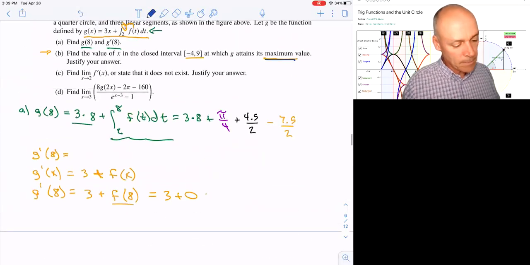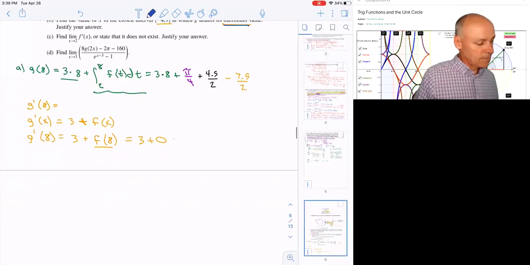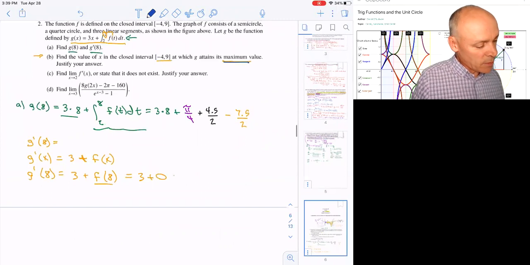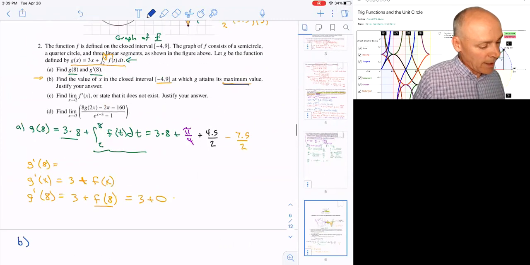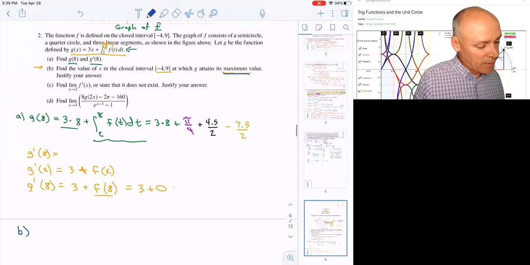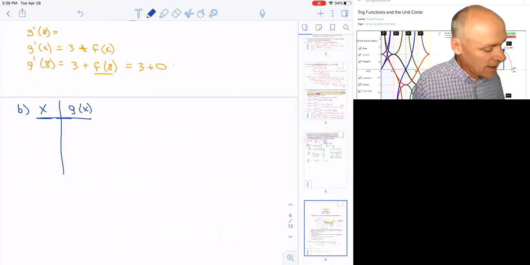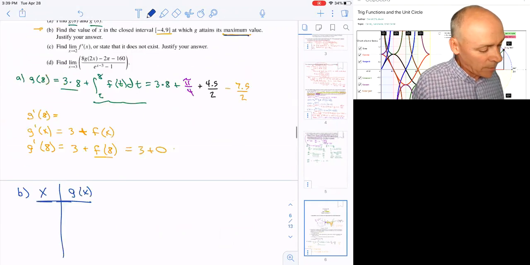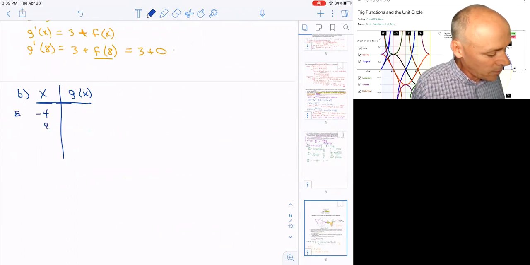So this is part B, and my table, so I'm going to put x on the left column and G on the right column. So x, G at x, and then I got to put in my endpoints, so -4 and 9. And then those are endpoints.